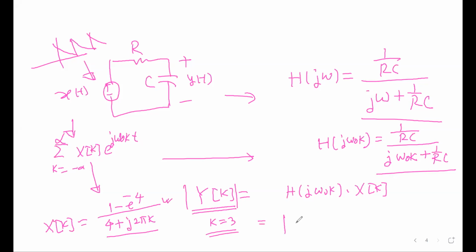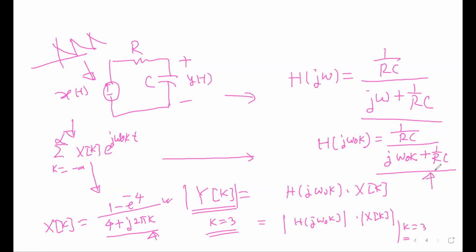Magnitude of h of j omega 0 k times magnitude of xk for k equal to 3, isn't it? That's why you put the value of k there equal to 3, find the magnitude. Then put the value of k there, find the magnitude.